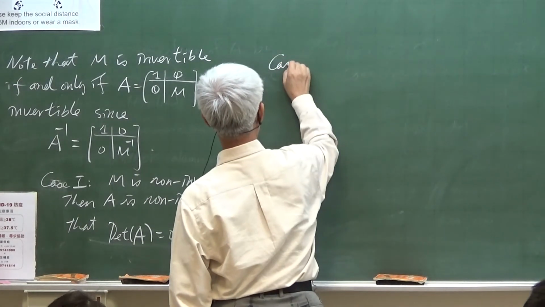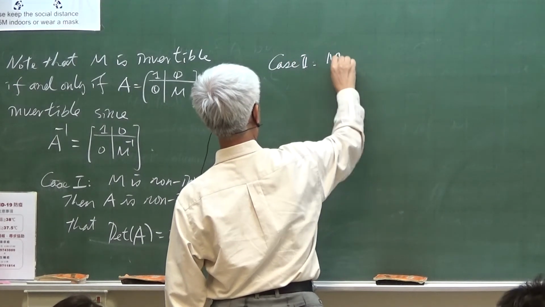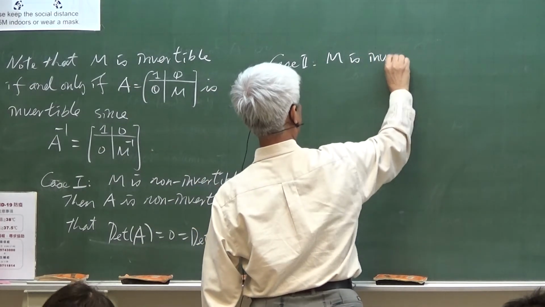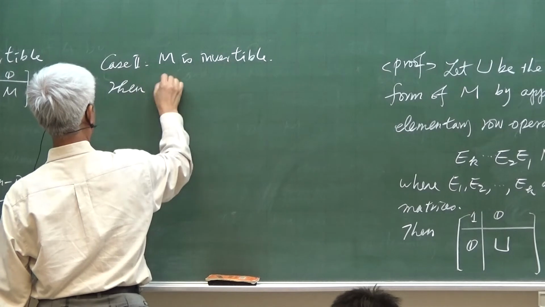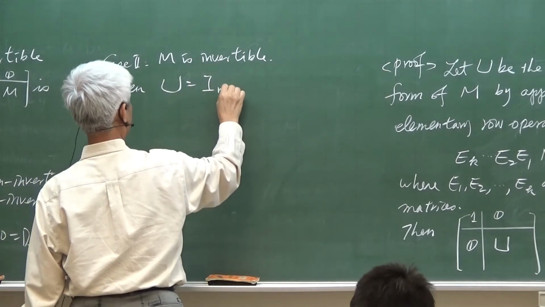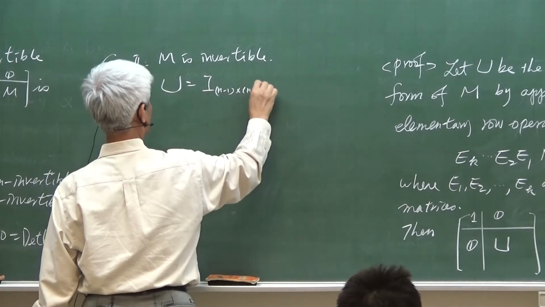Case 2, M is invertible. Then U is identity, right?